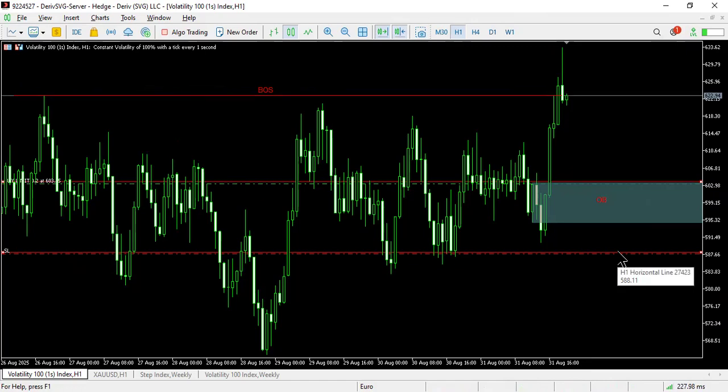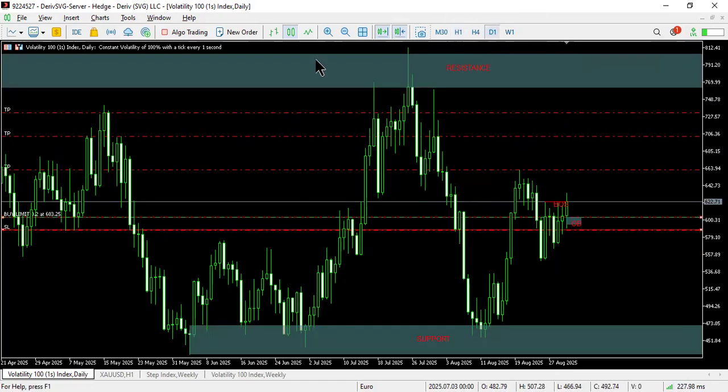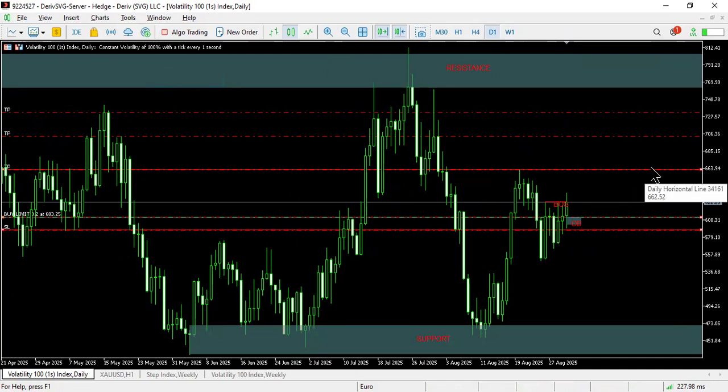And then we have 3 take profits. I normally use the daily time frame for my take profits. So the first take profit is right there at 662.52.